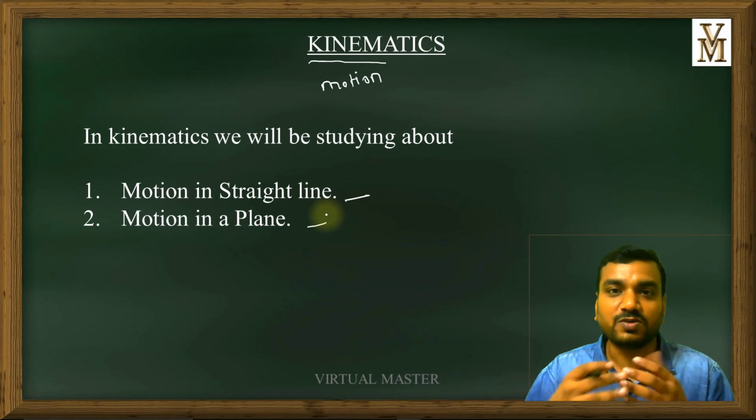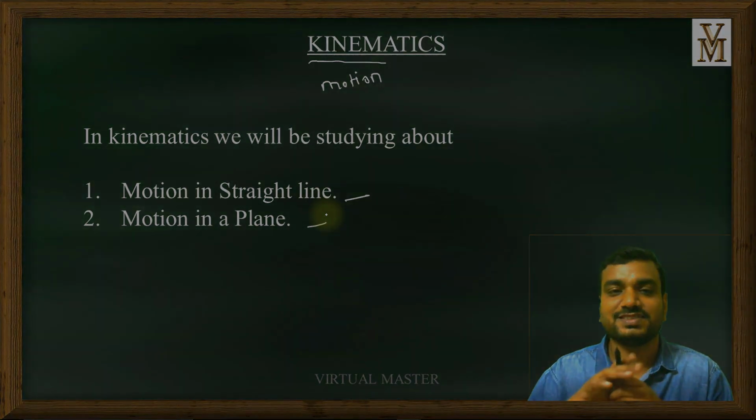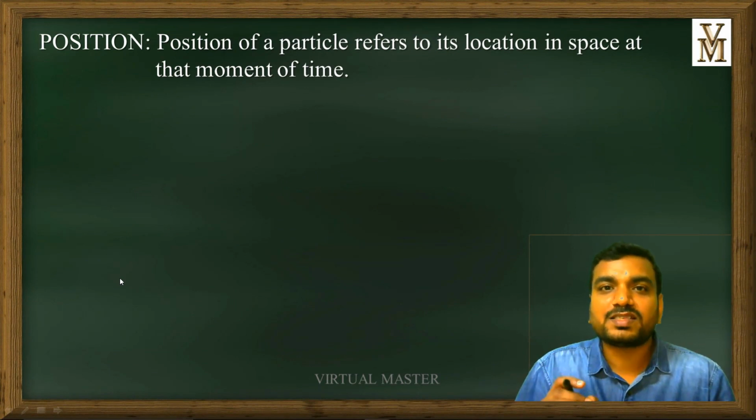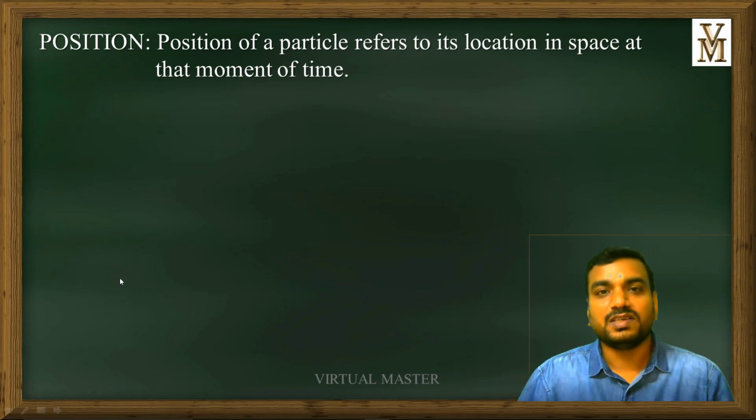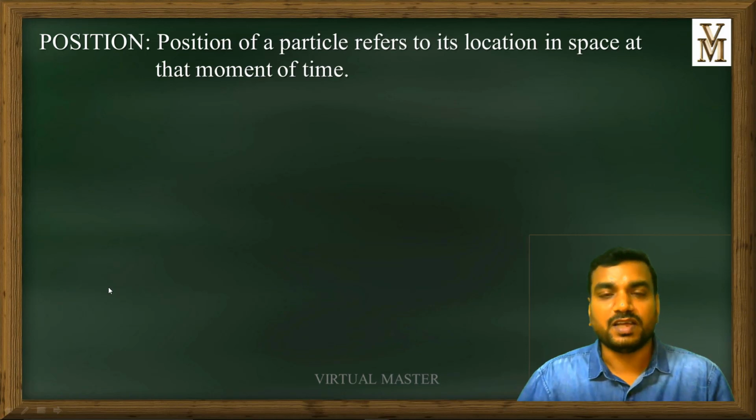So let's go to our next topic, that is position of an object. Now what is position? Position is nothing but the address or location of a particle at any instant of time.